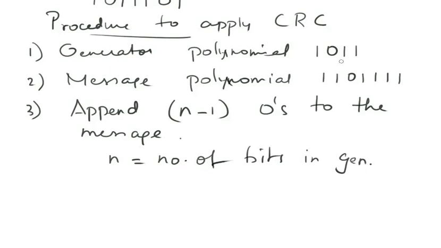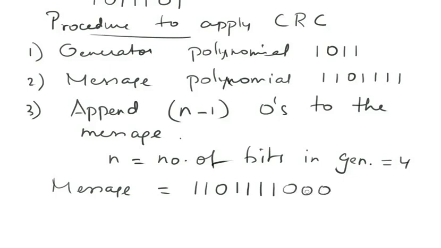If the generator polynomial has 4 bits, we need to add 3 extra zeros to the message polynomial. In this case, n is equal to 4. So after appending zeros, the message can be written as 1 1 0 1 1 1 1 0 0 0. We have 4 bits in the generator, so we append 3 zeros to the message. This is the complete message after appending the required number of zeros.